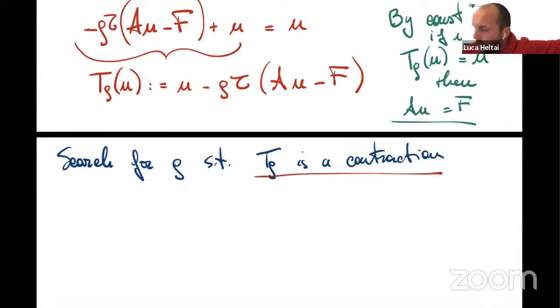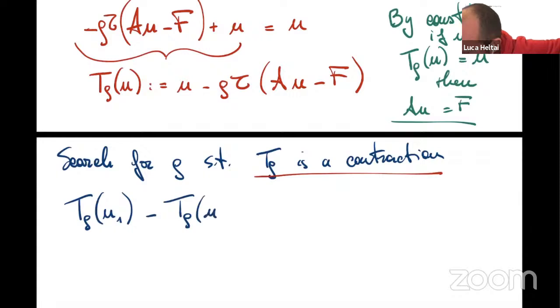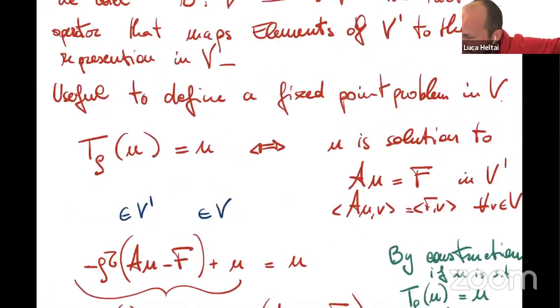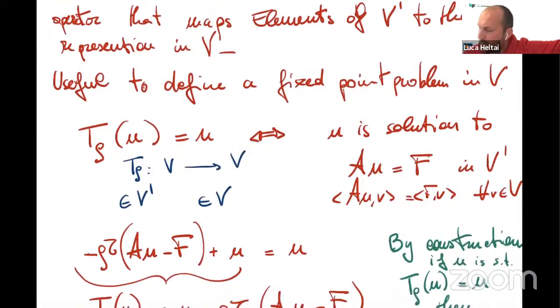So what does it mean that T rho is a contraction? It means that if I take T rho of u1 minus T rho of u2 in norm, this is the V norm, because T rho goes from V into itself, and we would like to find a fixed point of this.